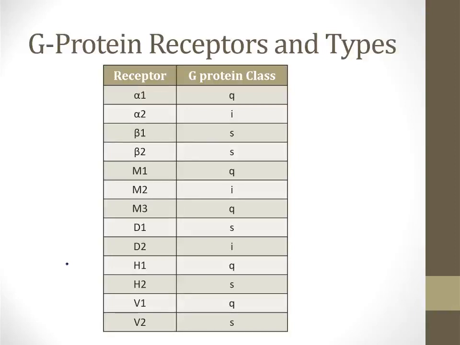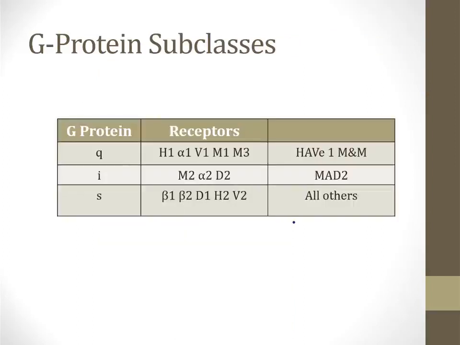So shown on this slide are all different types of receptors in the body that are linked to G proteins. So the alpha and beta receptors and the muscarinic receptors are linked to G proteins, but so are the dopamine receptors, histamine receptors, and vasopressin receptors. All of these are linked to some of the different subtypes of G protein receptors. And if you want to remember all of these, there is a mnemonic that most medical students learn.